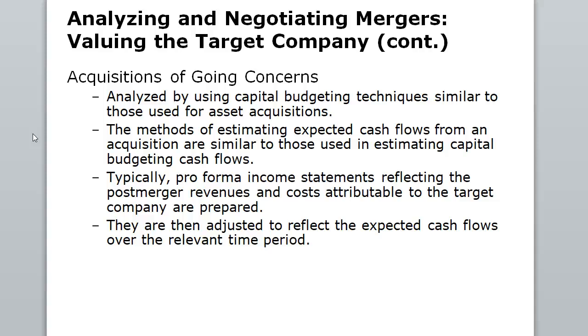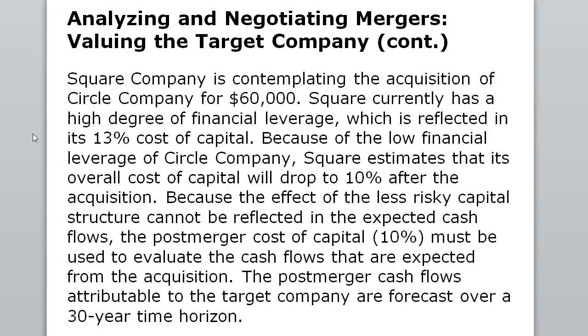Typically, pro forma income statements reflecting the post-merger revenues and the costs attributed to the target company are prepared. They are then adjusted to reflect the cash flows over a relevant time period. So let's look at this example to explain this better.